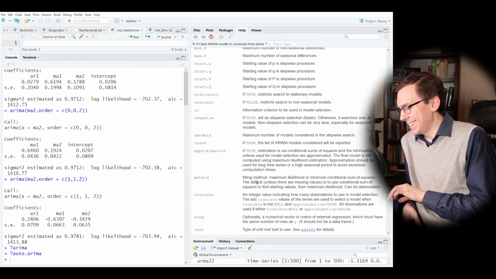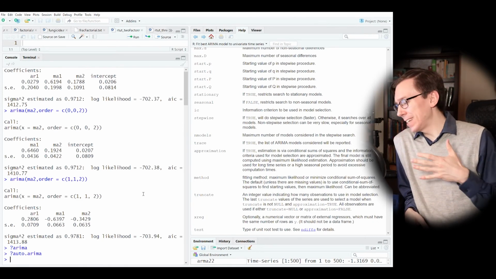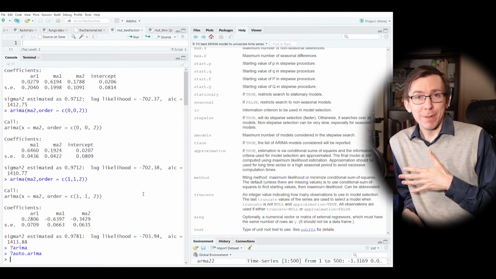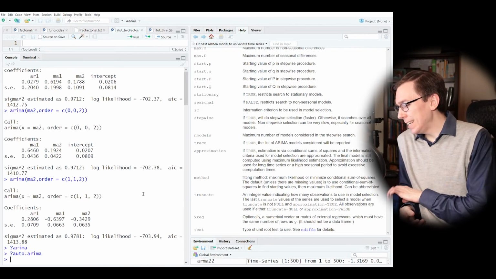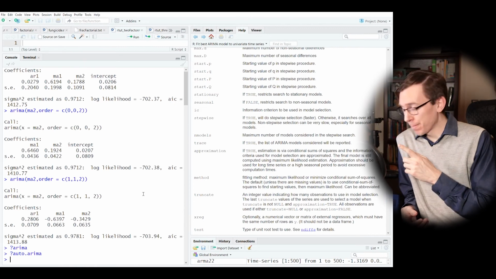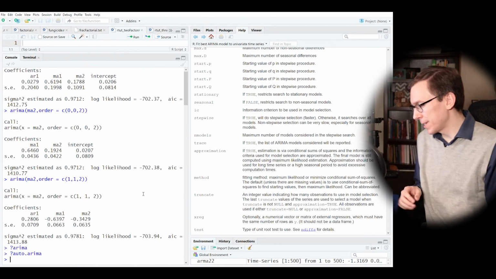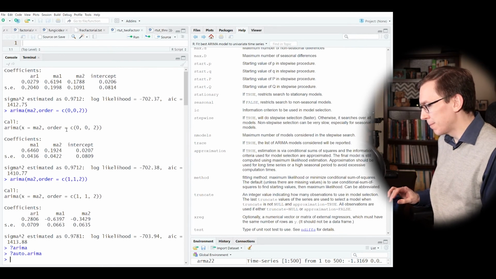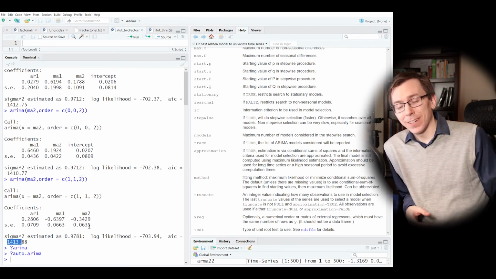At the very least, I think this is also good evidence that the AutoArima function is very useful because it's going to try a bunch of different models, but it is good to try some yourself. The reason is that if we forget about AutoArima for a second, if we just look at these models, we might get AICs that are very close to each other, or BICs that are very close to each other.